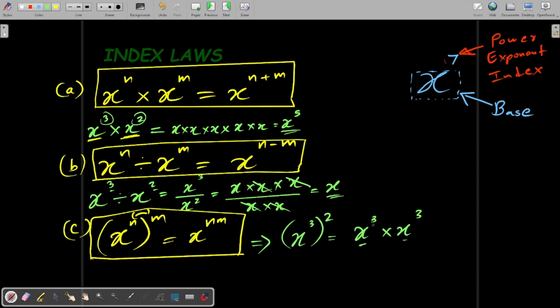So you can think 3 plus 3, that's going to be 6. In short, what has happened is this power 3 and power 2 have been multiplied. So without going through this expanding procedure, you can straight away write this as x to the power 3 times 2, which is equal to x to the power 6.